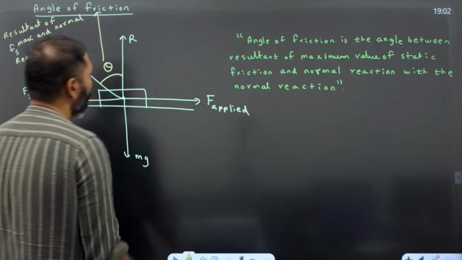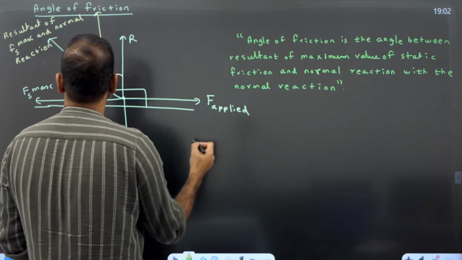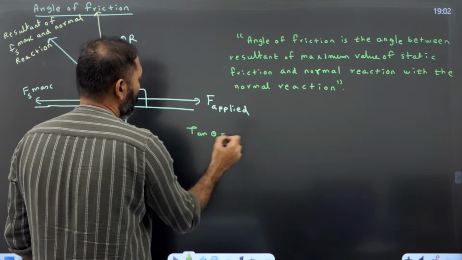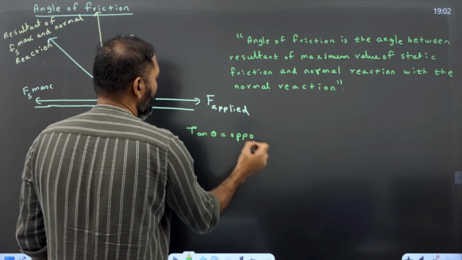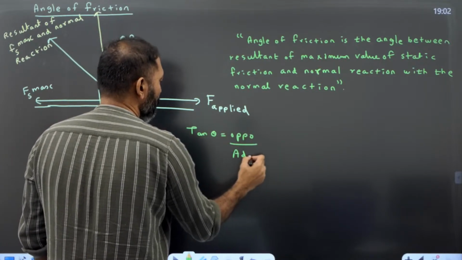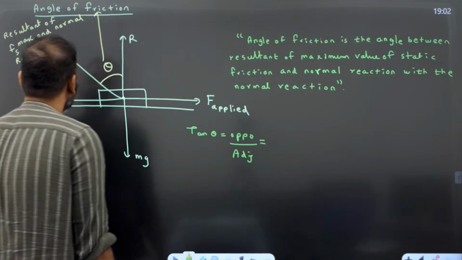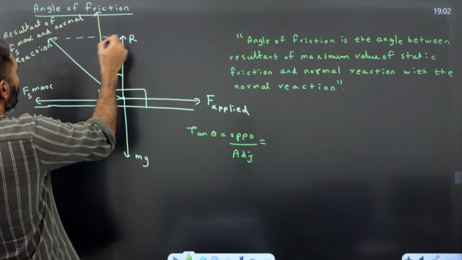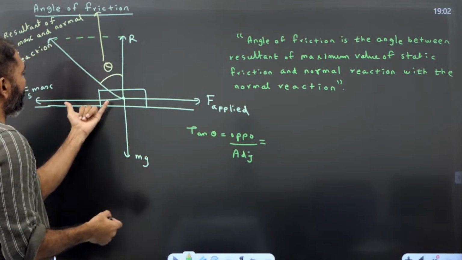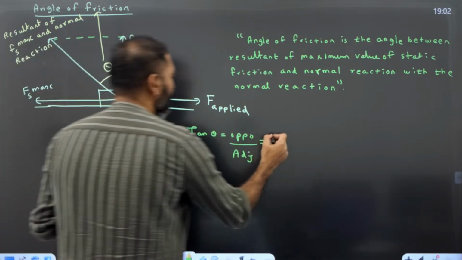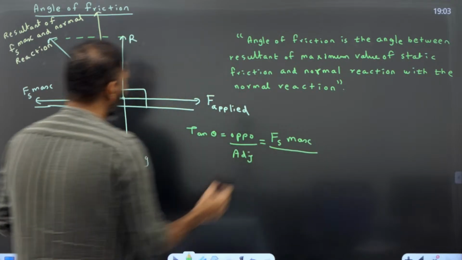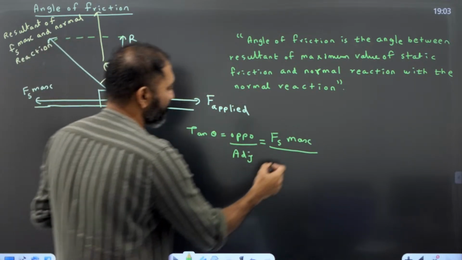Now, what is tan theta? Opposite side by adjacent side. The opposite side here is Fs max. The adjacent side is the normal reaction.